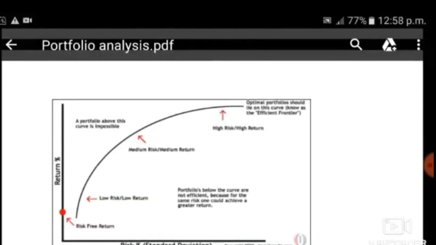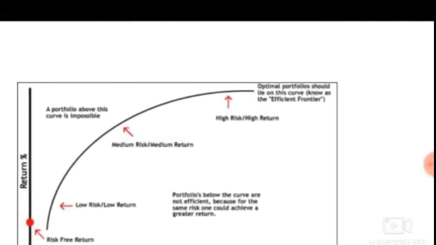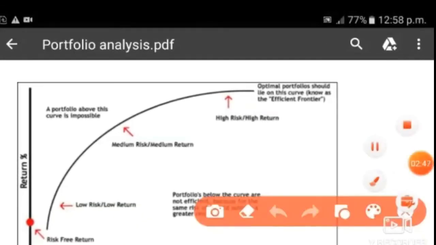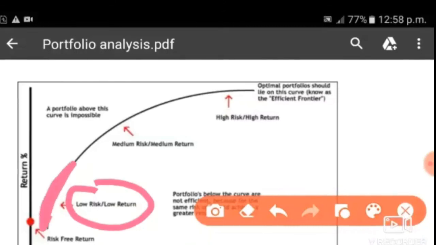So how do we choose an optimal portfolio from the efficient frontier? This will depend on the investor's risk tolerance. Here they have shown low risk, low return. An investor who is risk averse will choose a portfolio from the lower segment.